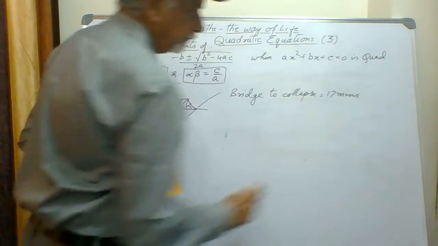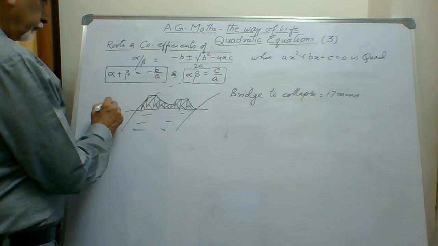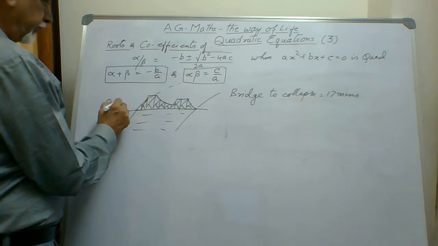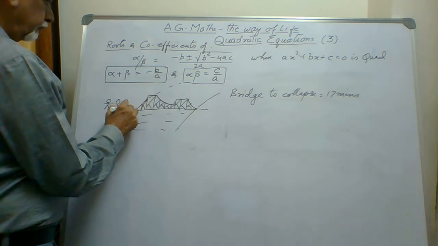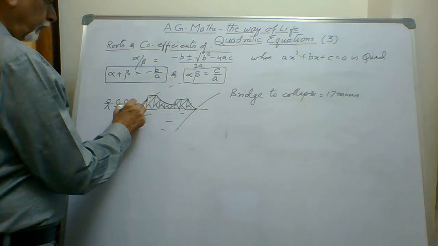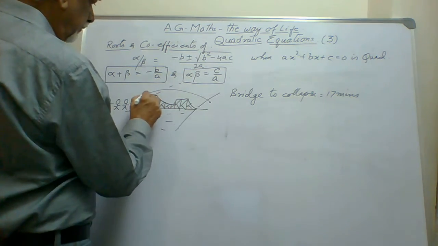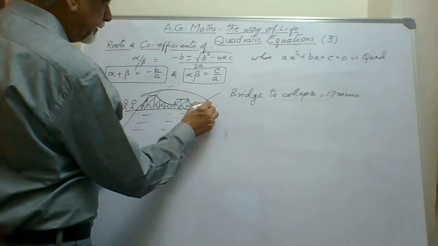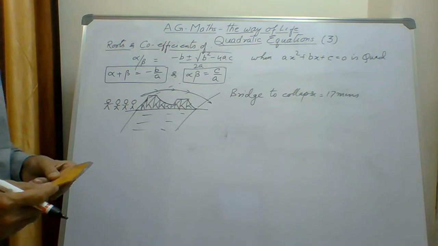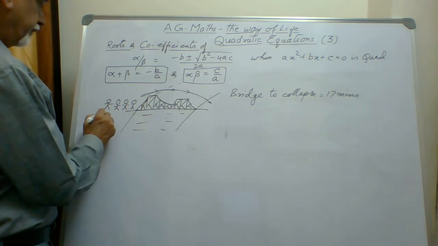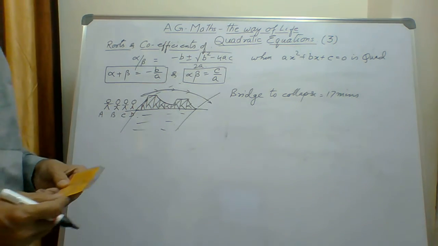That is the time available to us. We have 4 people here, and they all have to cross to this end via the bridge. Suppose their names are A, B, C, D.